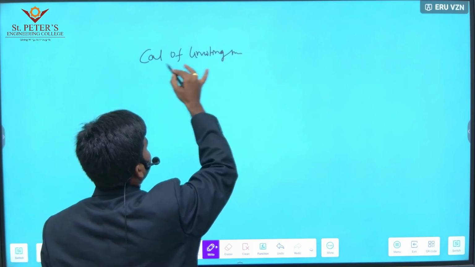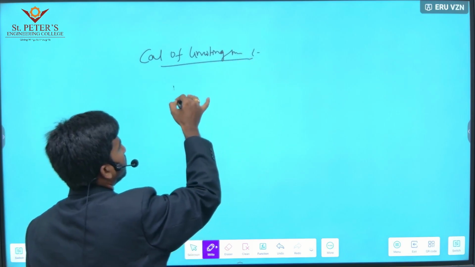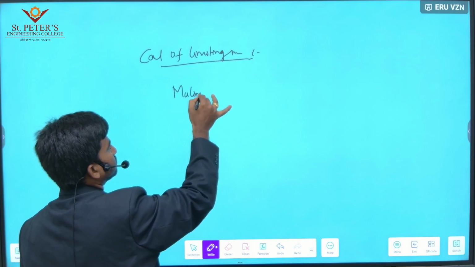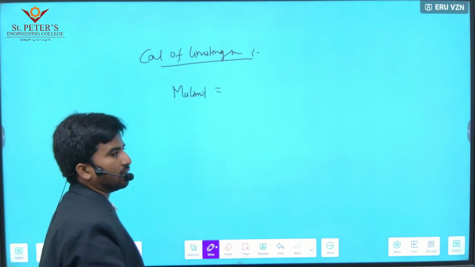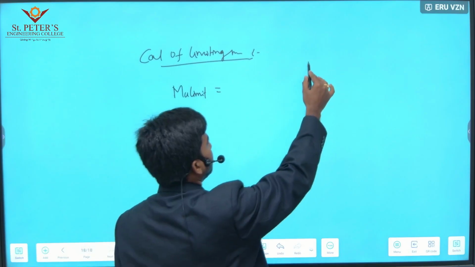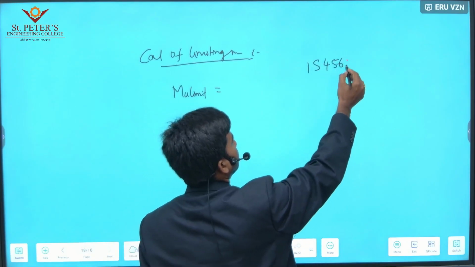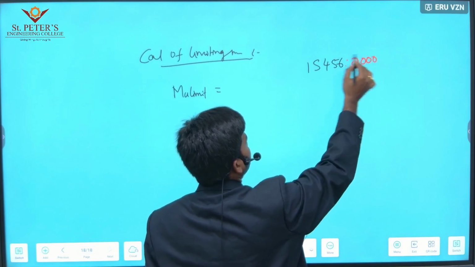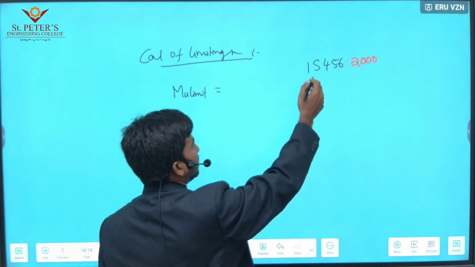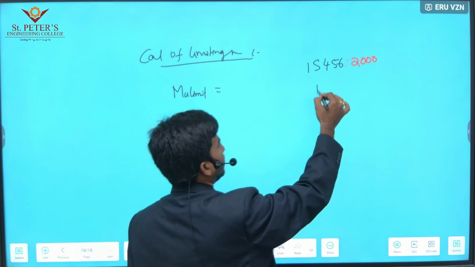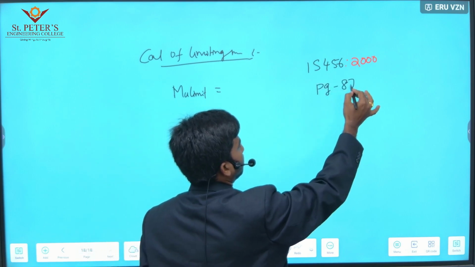The limiting moment is nothing but Mu limit. This is taken from the IS code book, IS 456:2000, the year is 2000, page number 87.